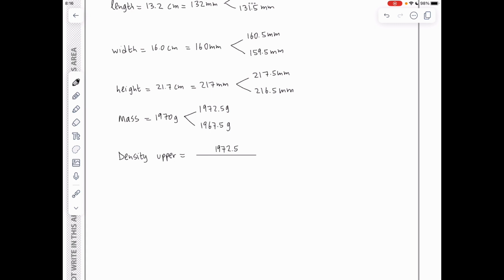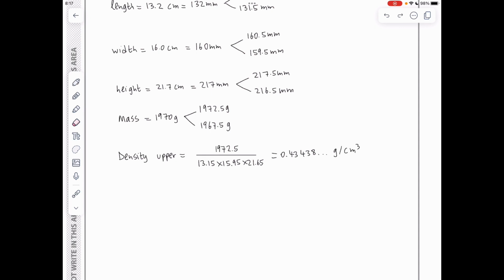So it's 13.15 centimeters times 15.95 centimeters times 21.65 centimeters. I have converted everything into centimeters to get an answer in grams per cubic centimeter. This gives an answer of 0.43438 grams per cubic centimeter.